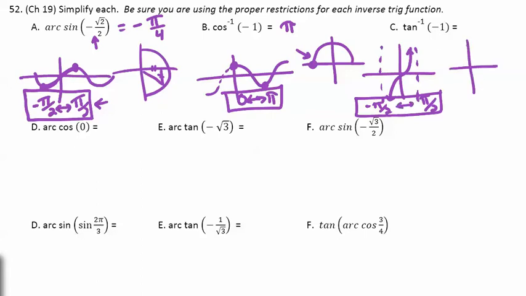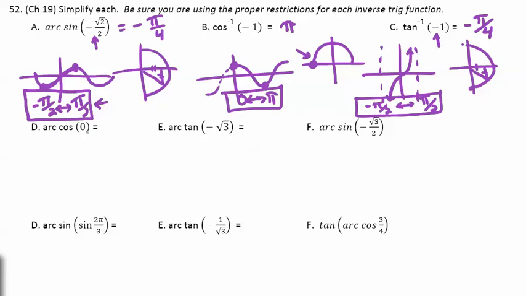So again, we're looking for negative pi over 2 up to positive pi over 2, and we want an angle that has a tangent of -1. And that would be, again, our 45-45 triangle where the legs are congruent. So this would be negative pi over 4.